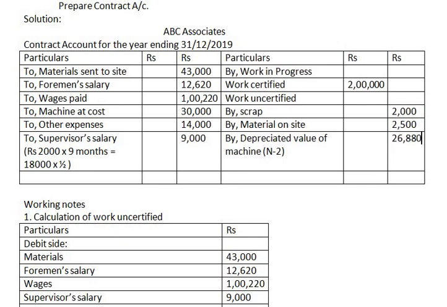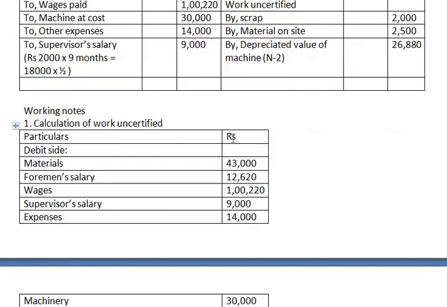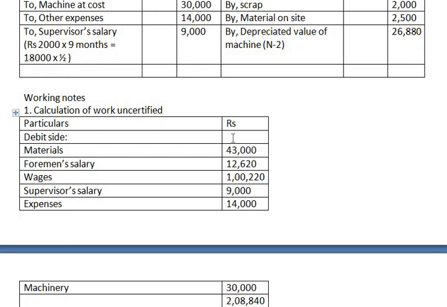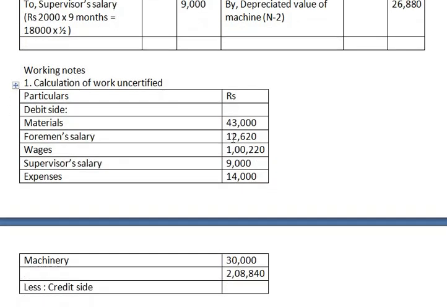Understanding? Yes. Now we will continue with the first working note. I could have taken the first working note as depreciated value of machine, and then calculation of work uncertified, but that's fine.